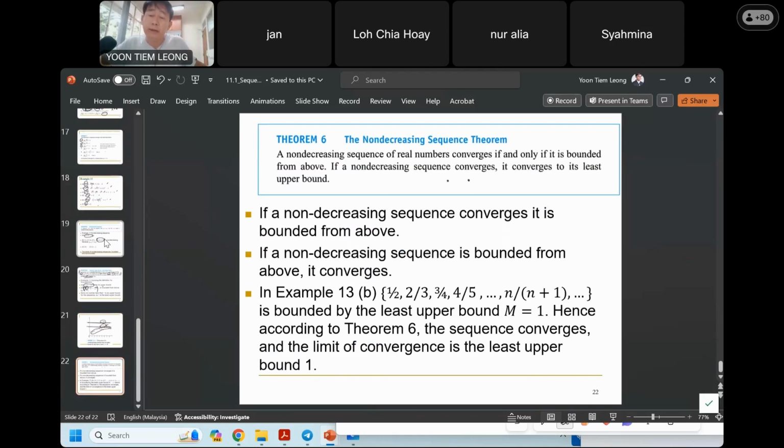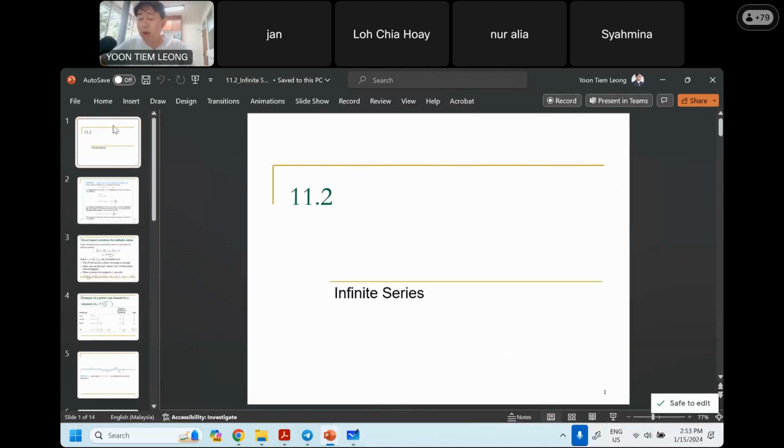In addition, if a sequence converges, then the limit must equal the least upper bound of the sequence. All the things that we have learned in chapter 11.1 are meant to be applied to infinite series. In order to discuss infinite series, we have to make use of the notions of the sequence before we can define series.